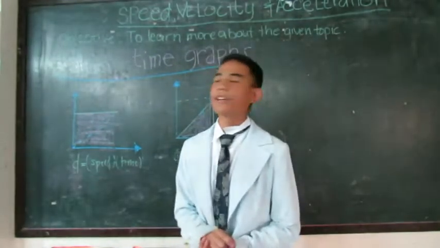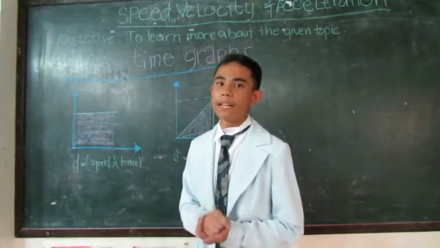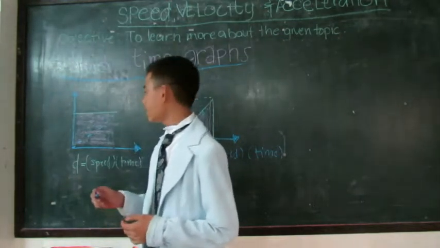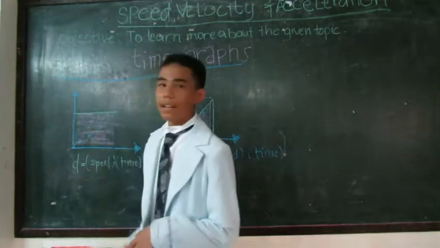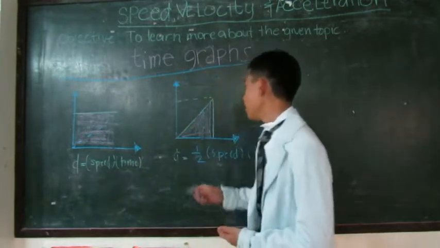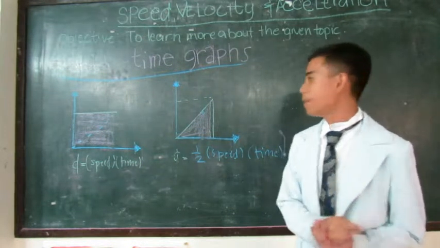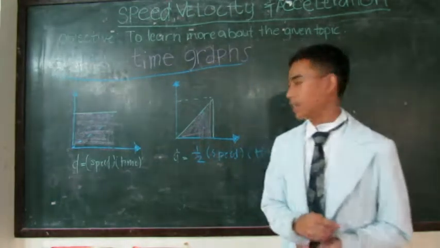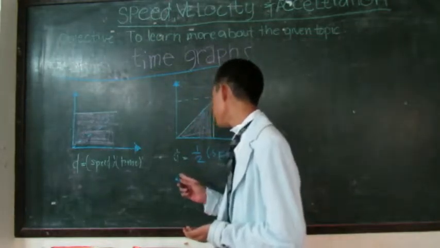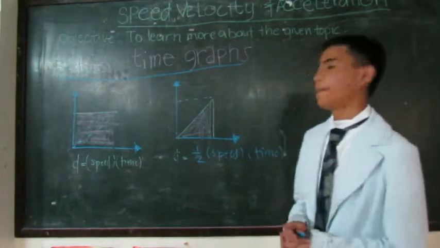But in here, we are not talking about constant speed. We are talking about acceleration. So we must cut this figure in half, to make it a figure of acceleration. So that makes the equation distance is equal to 1/2 speed times time.